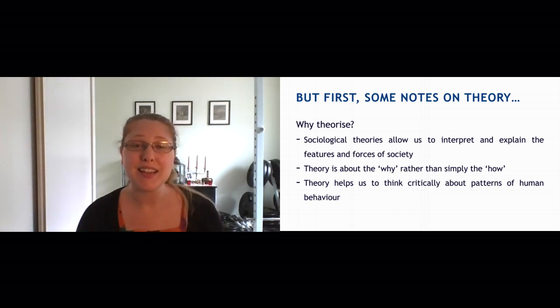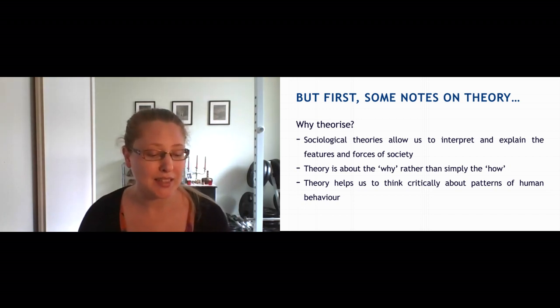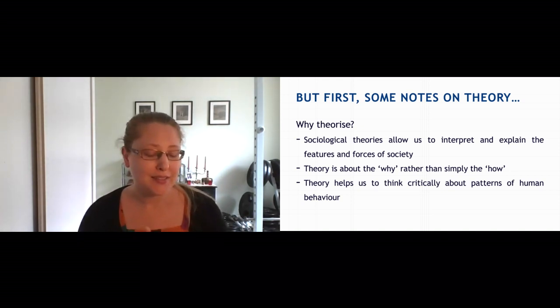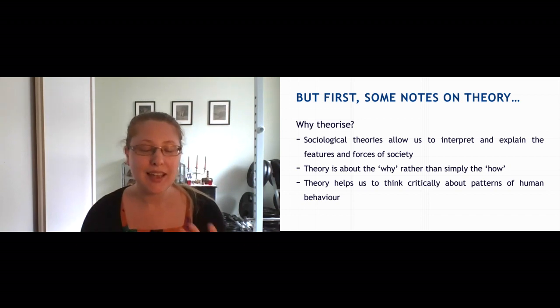So in that sense, it's very important and can be very useful and can help us to unpack aspects of our everyday lives. Theory essentially provides a set of tools for the sociologists to examine the social world.